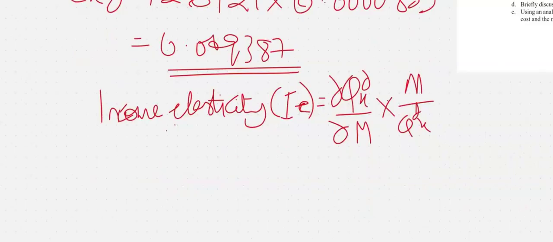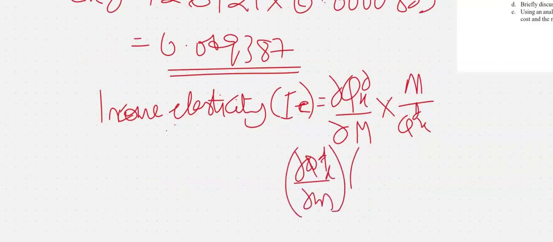We can write it as dQdx over dM times M over Qdx, or alternatively, dQdx over dM, then M over Qdx in parentheses. It's still multiplication. Whichever way you write it is correct.